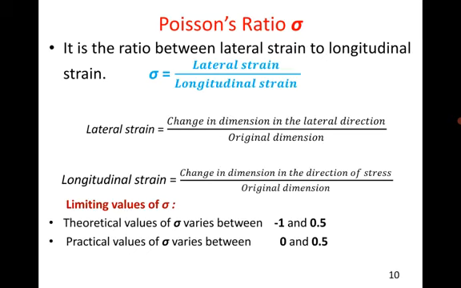The longitudinal strain or linear strain is given by change in dimension in the direction of the stress divided by the original dimension. The ratio of these two gives rise to Poisson's ratio. The theoretical limiting values of Poisson's ratio are between -1 and 0.5. The practical value of sigma varies between 0 and 0.5.